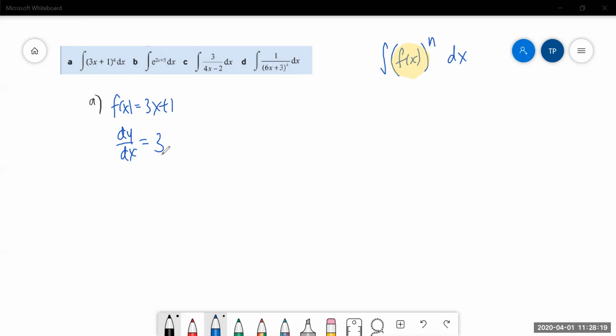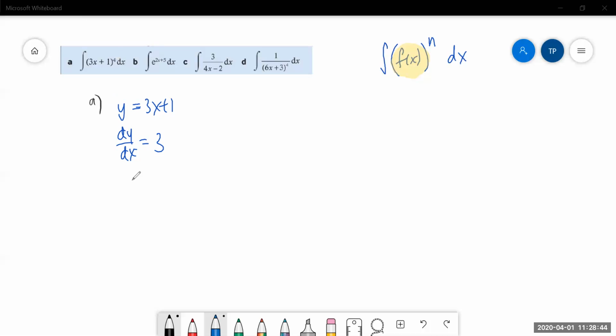If I write 3x plus 1 as y, it will be easier for you to see. So dy dx will be equals to 3.